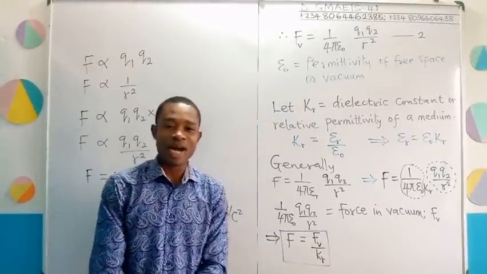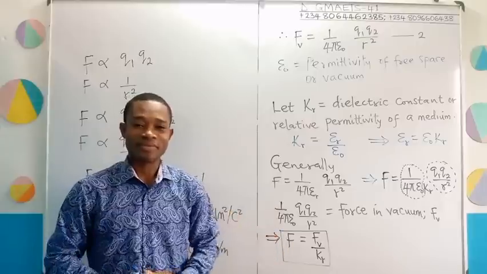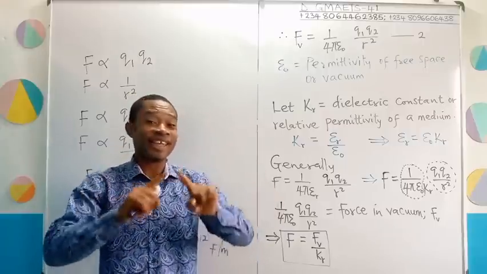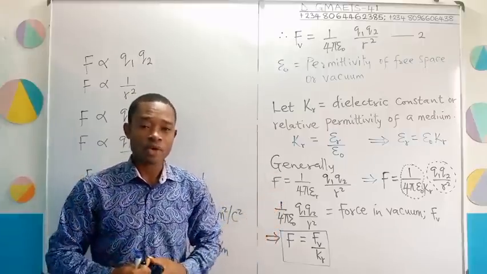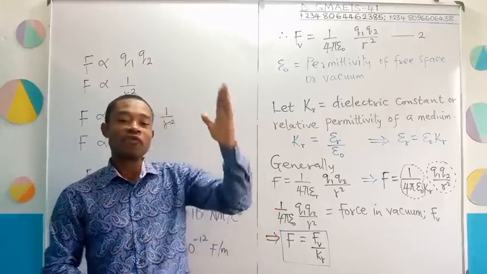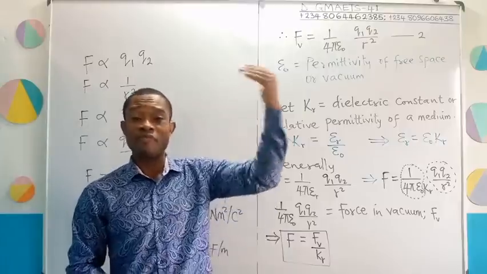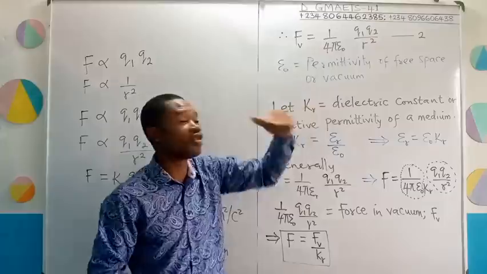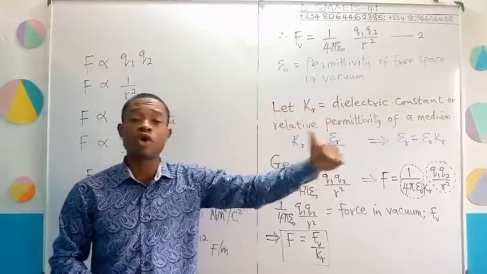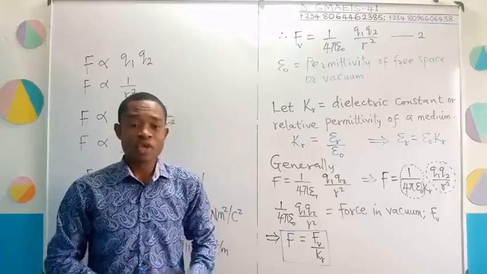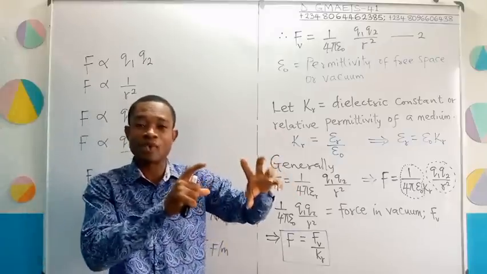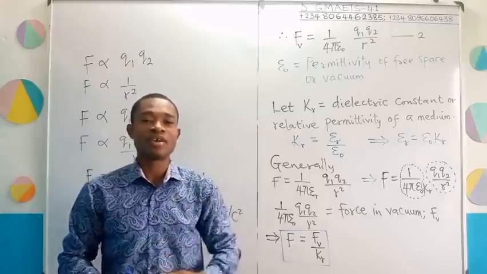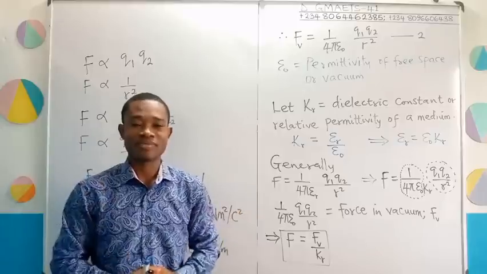We can put this down grammatically. The electrostatic force between two charges in any medium equals the electrostatic force between the charges when they are placed in vacuum, which of course makes use of the formula 1 over 4 pi E naught Q1, Q2 all over R squared, divided by the dielectric constant of that medium.